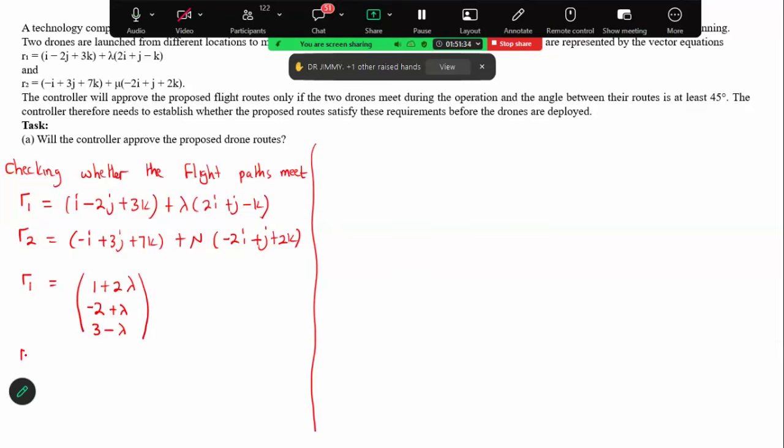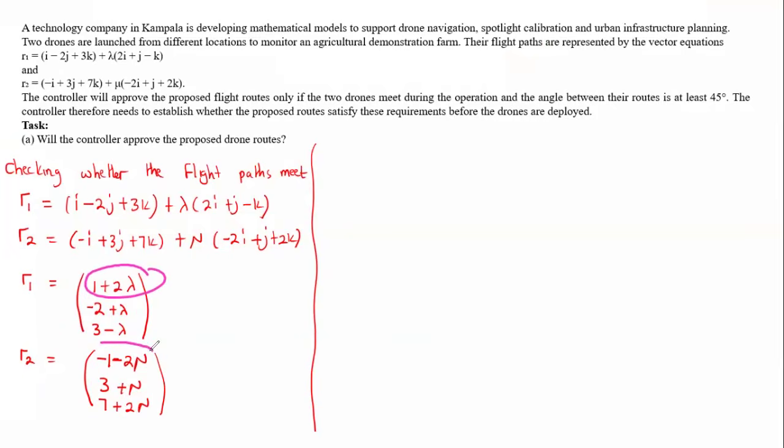Then what is going to be my R2? My R2 is going to be negative 1 minus 2 mu. Then I'll have my 3 plus mu. Then I'll have my 7 plus 2 mu. So you need to remember that at the meeting point, the x of the first here is going to equal the x here.